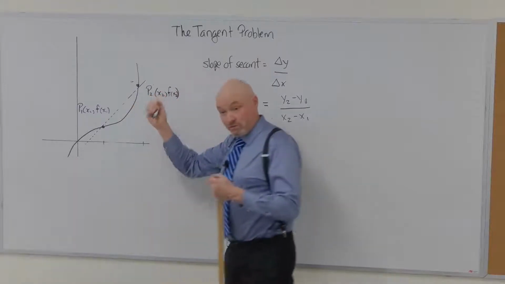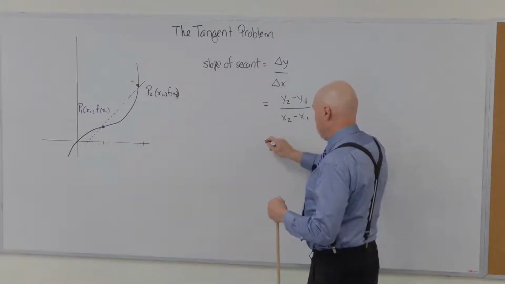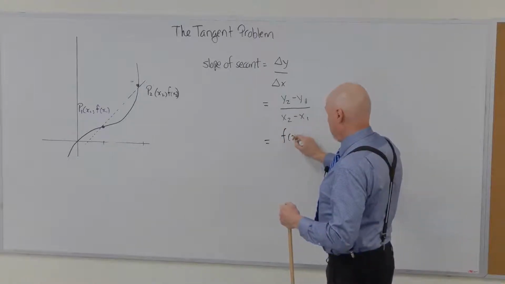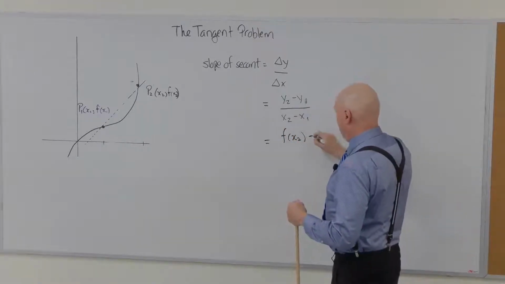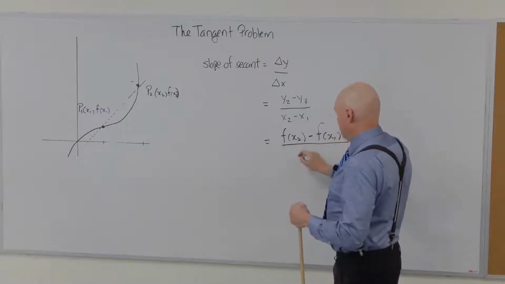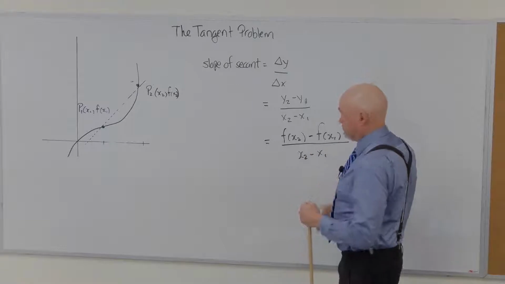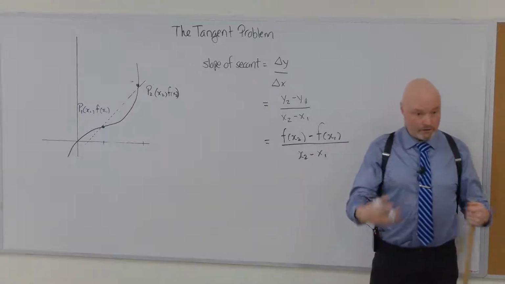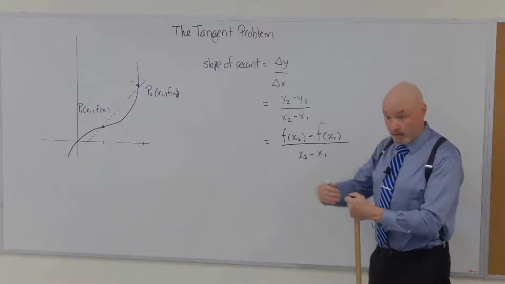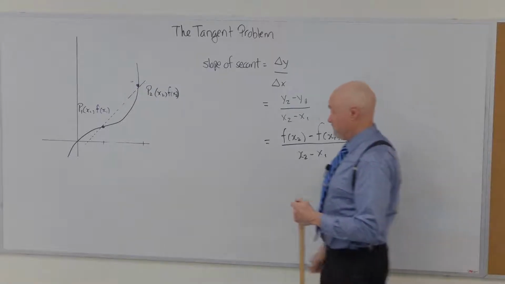Okay, so those are just the y coordinates. So now we can change this up again. So y2 is f at x2, and y1 is f at x1, and this is x2 minus x1. Okay, we're gradually headed for this thing we call the difference quotient, which later on turns into the derivative.